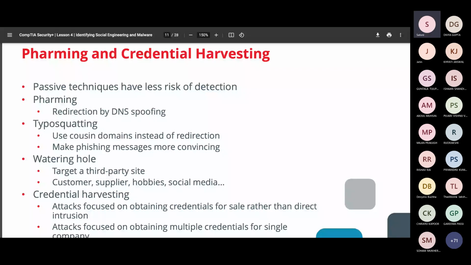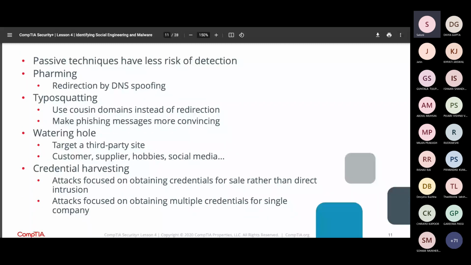So pharming is redirection by DNS spoofing. Pharming is basically a passive attack, which means we are redirecting users from a legitimate website to a malicious one. Rather than using social engineering techniques to trick the user, they are using pharming. What does pharming rely on?